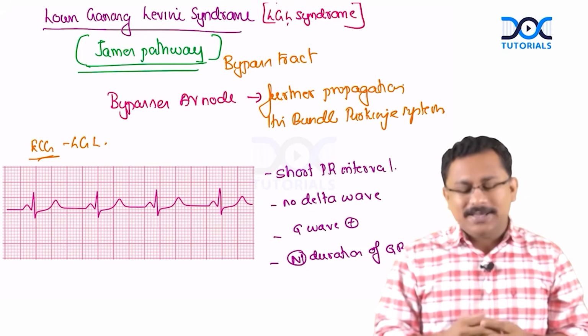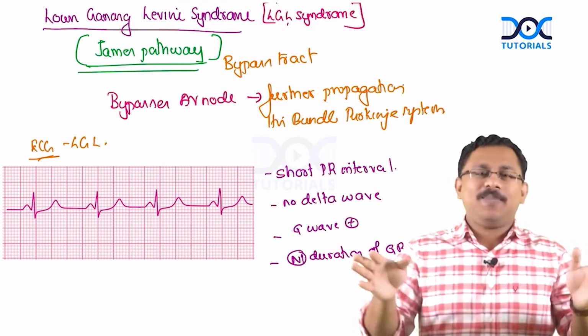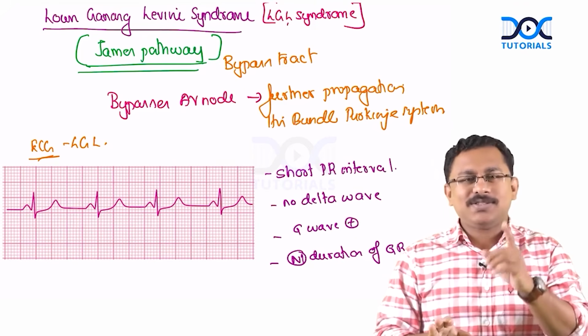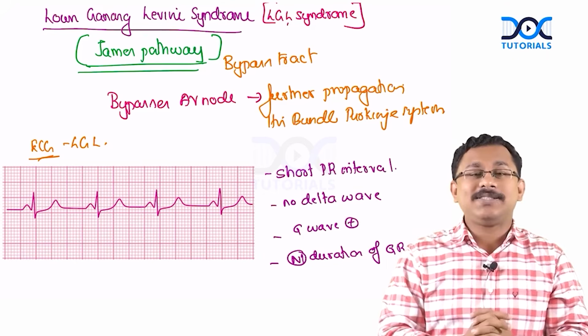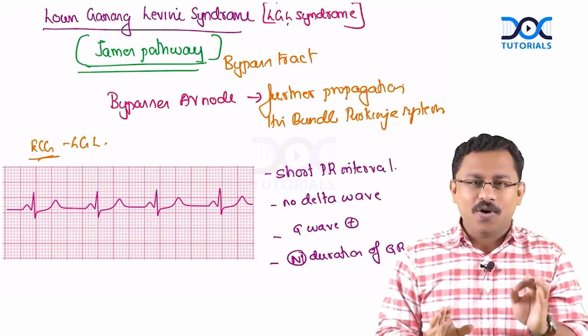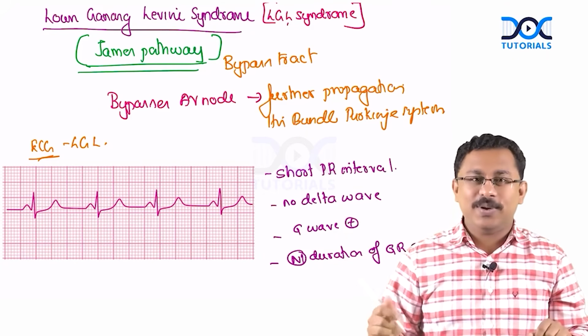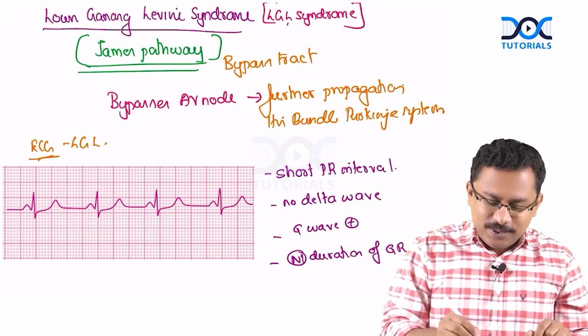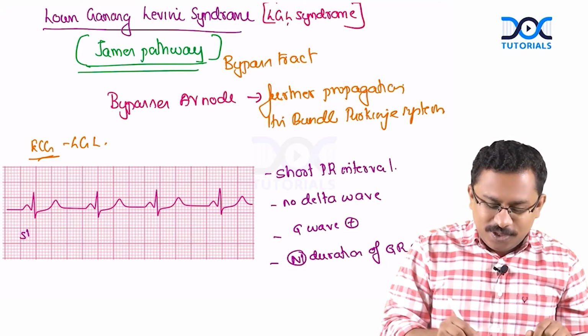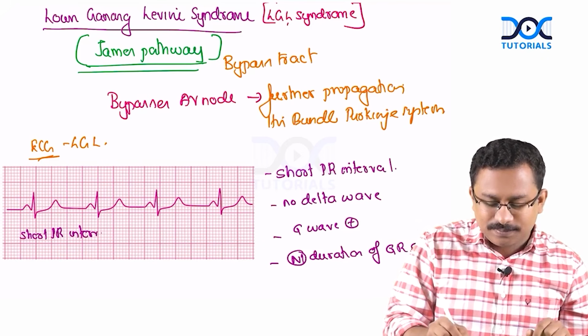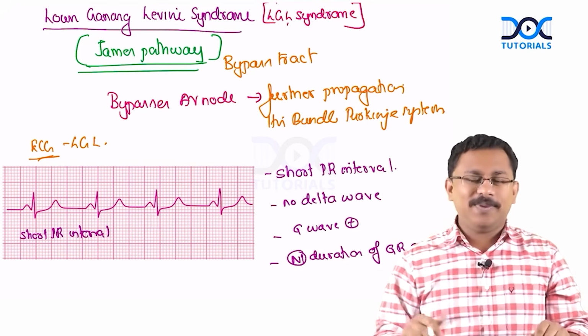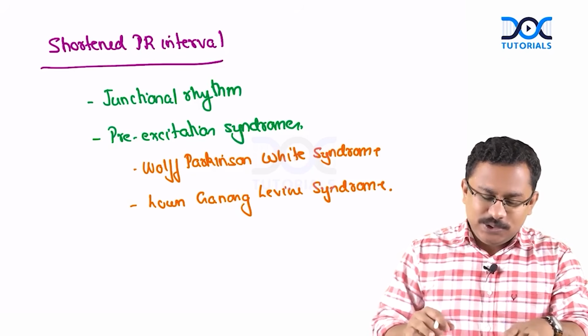But here the further propagation of the impulse occurs through the His bundle Purkinje system, because of which the QRS complex will be normal. So you can see here there is a short PR interval, less than 3 small squares, but the QRS is normal.